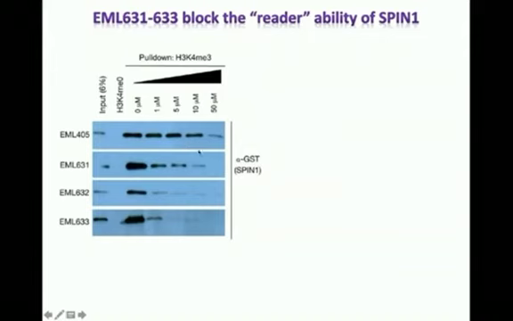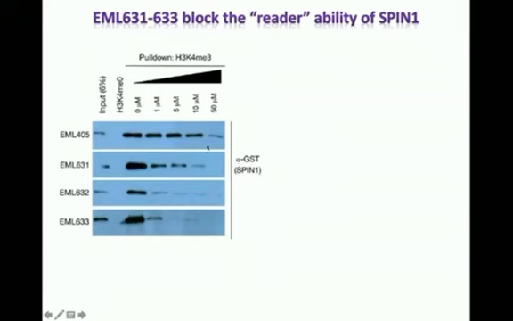Okay, so you can see here that upon increasing the concentration of the peptide, with incubation with SPIN1 and in the presence of the different inhibitors, there is a difference in affinity and a difference in competition. This is the signal of SPIN1.